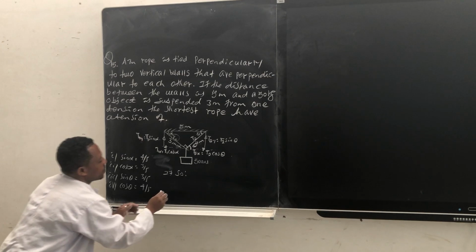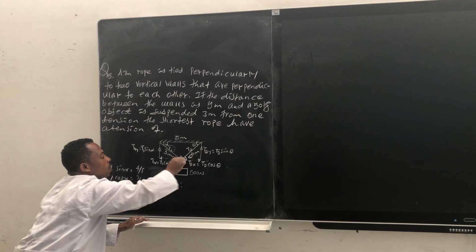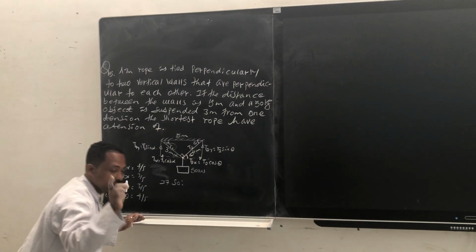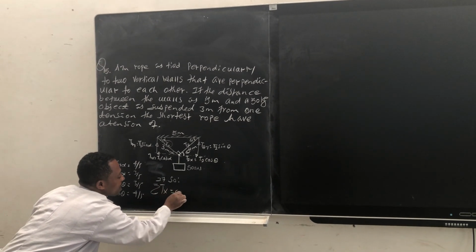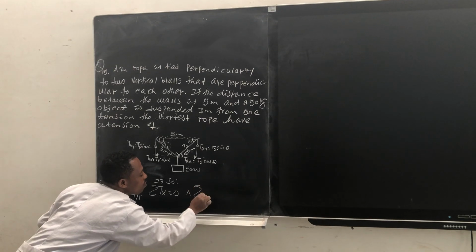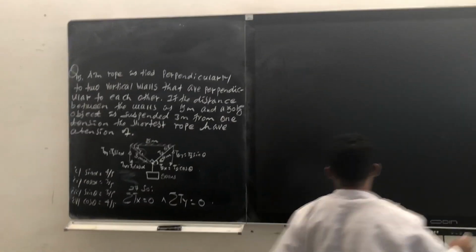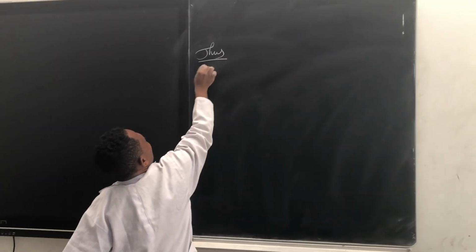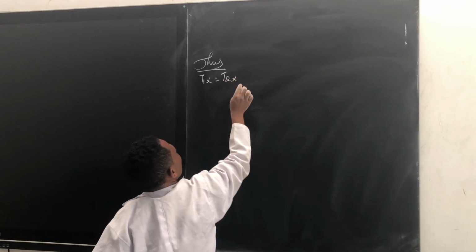If so, for this object or this point to be at equilibrium, this precondition should hold: the sum of all the forces in x should be 0, and the sum of all the forces in y should be 0. T1x should be equivalent to T2x.